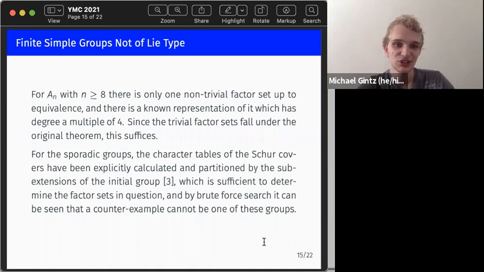And they're in the form that they're given in the ATLAS, which is reference 3 here. They're partitioned by the sub-extensions of the Schur cover, which is sufficient to determine the factor sets that they lie in. And just by brute force on these sporadic groups, it can be seen that none of these can yield a counterexample.